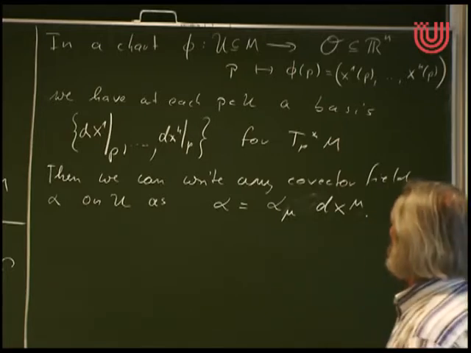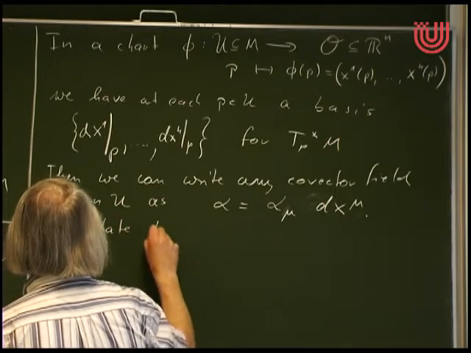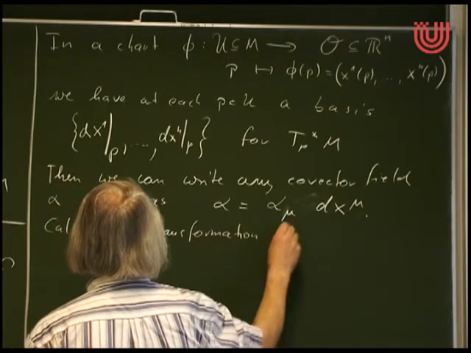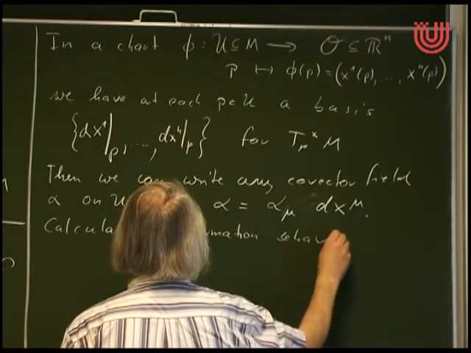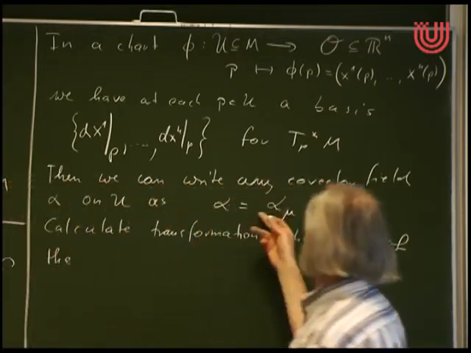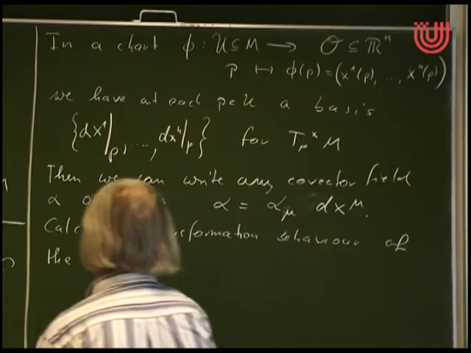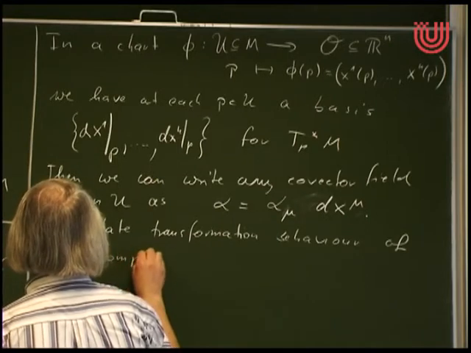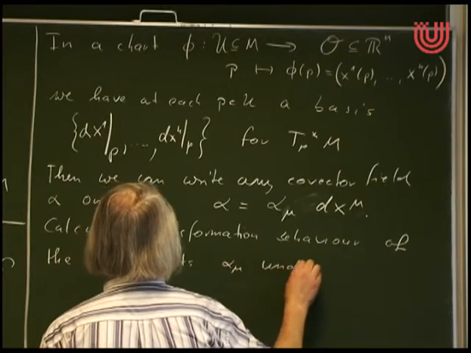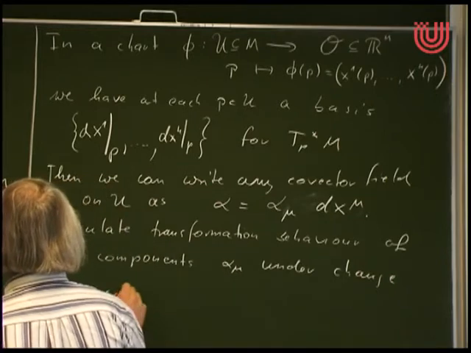So we want to calculate the transformation behavior of the components, which is what we call the components of the covector field in this coordinate system, the components alpha mu, under change of coordinates.